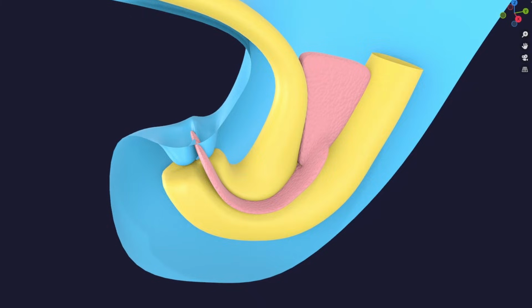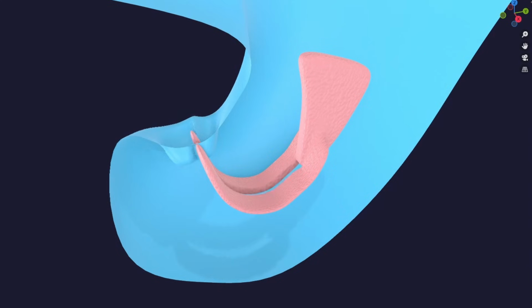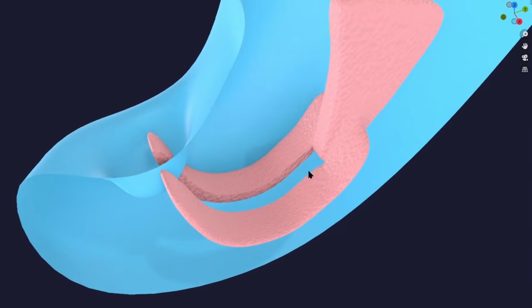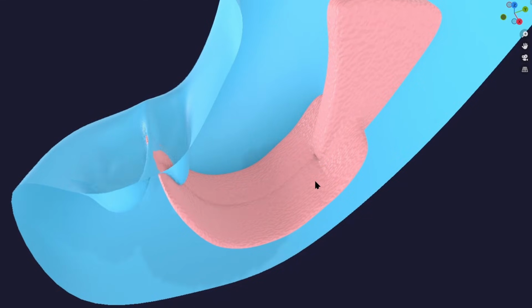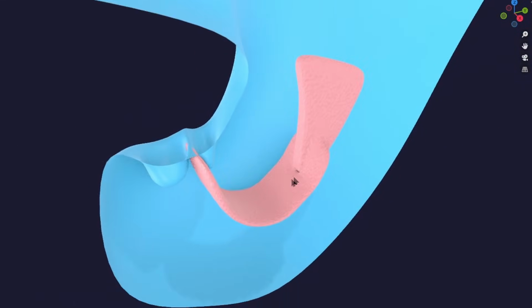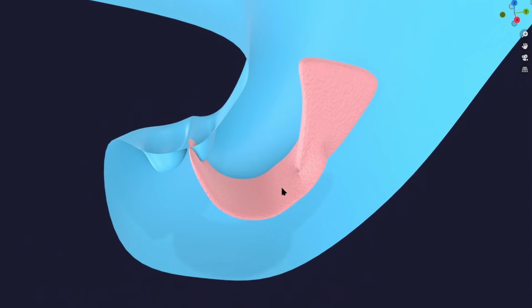Let's hide these things so you can see it more clearly. Watch the animation again. Here you can see these fork-like extensions. They meet in the midline to form a spoon-like septum, which divides the cloaca into two parts.